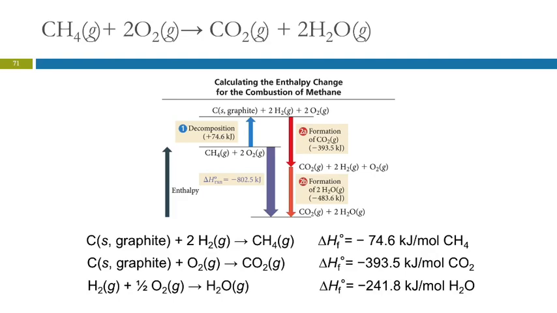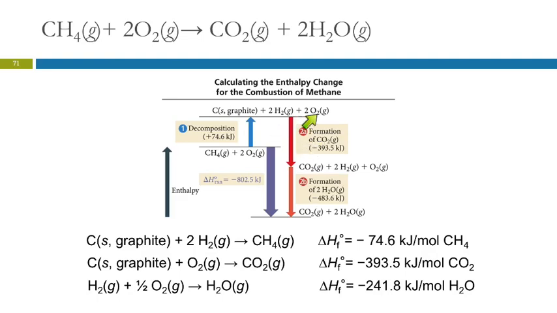So in my elevation change analogy, first I'm going to go down to sea level from wherever I was, and then I'm going to go up or down from there, and I'll compare the two segments to find out the overall change. So here are my elements in their standard states. Then I'm going to imagine making carbon dioxide.